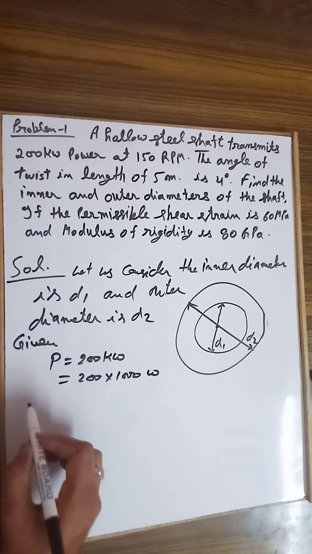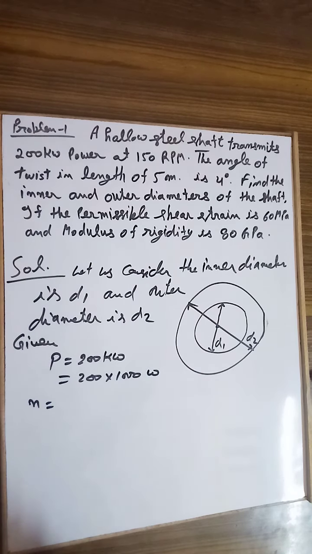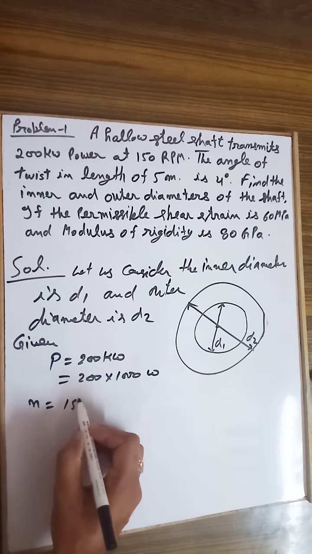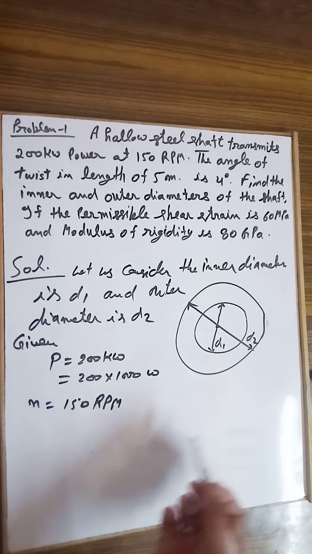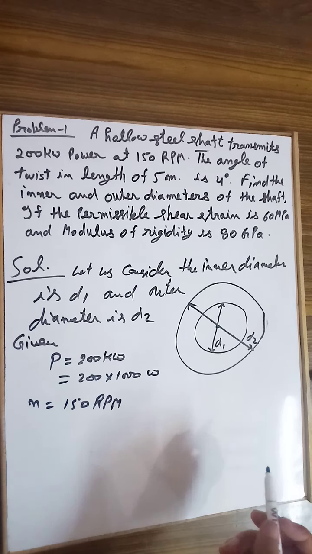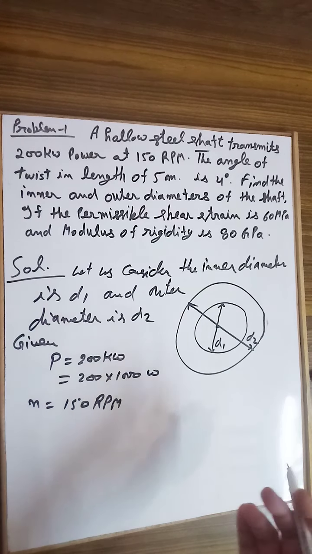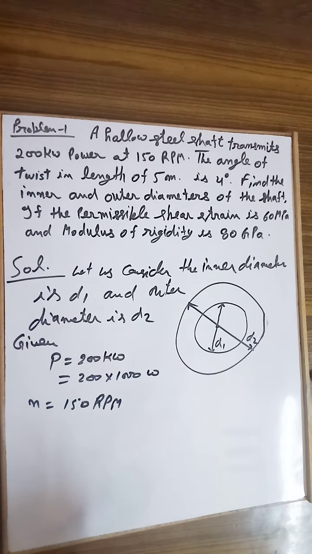And N is given in the question, it is 150 rounds per minute. So the value of N is 150 rpm.